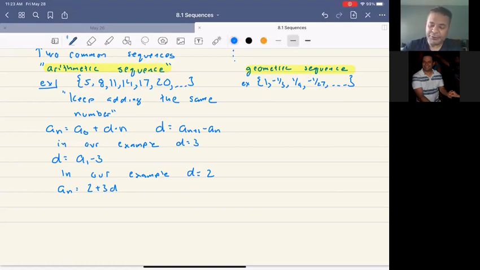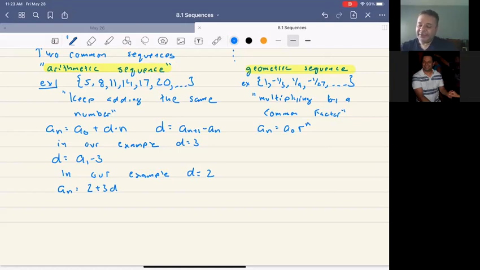Okay, so here these are of the form where we're multiplying by a common factor. Okay, our form, we get a sub n equals a sub 0 times r to the n.